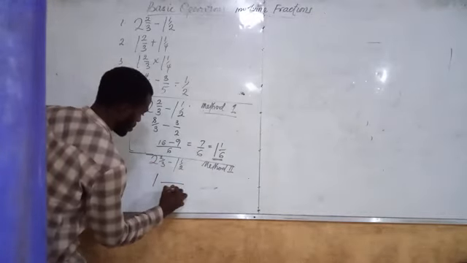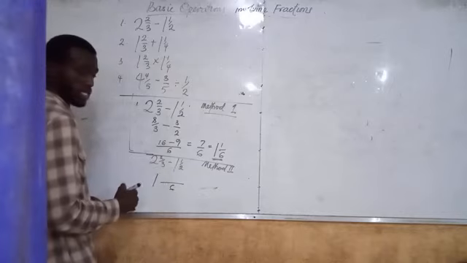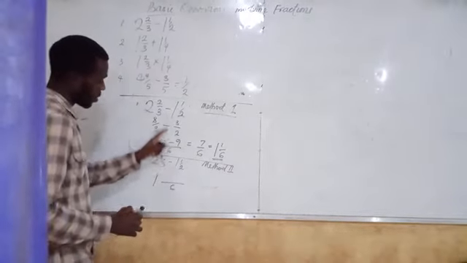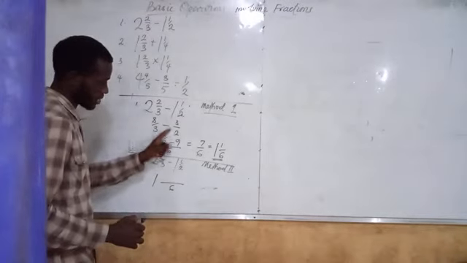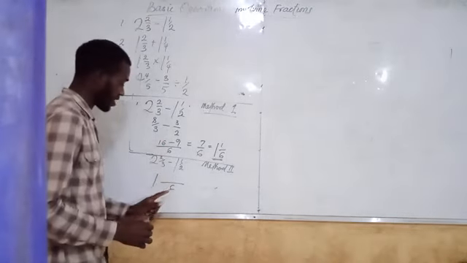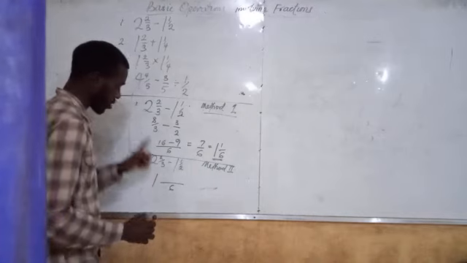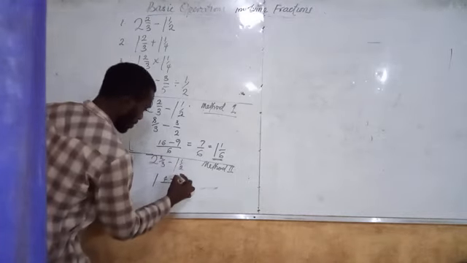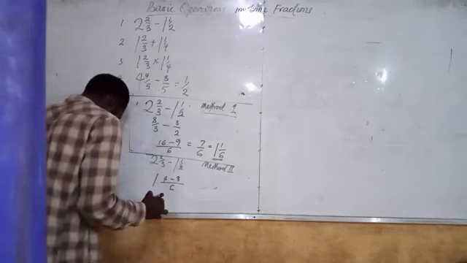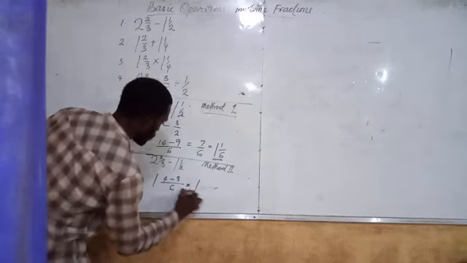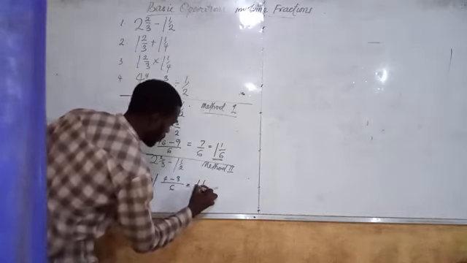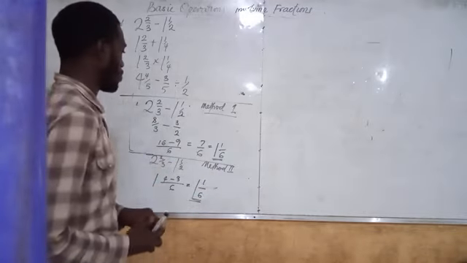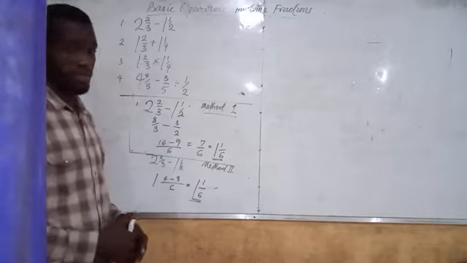The LCM of 2 and 3 being 6, you take the same step as before. 3 in 6 is 2, 2 by 2 is 4, minus 2 in 6 is 3, 3 by 1 is 3. So you have 1 and 4 minus 3 over 6, which is 1 and 1/6. So you see it's the same answer, and you can use either of the methods.